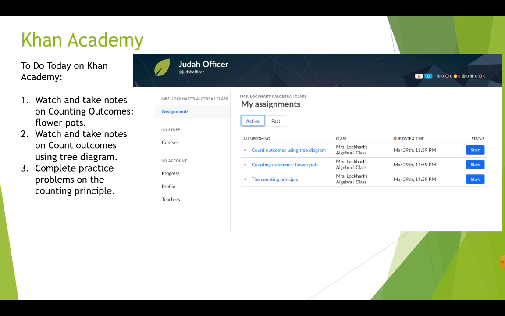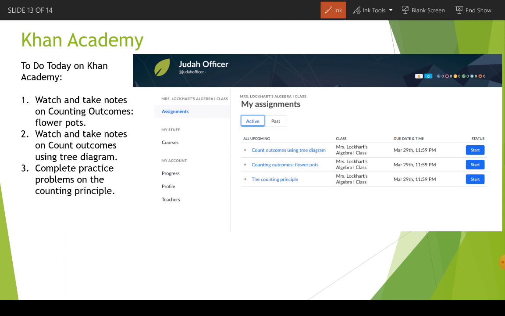So I want you to first watch and take notes on the counting principle flower pots. You're going to find that on your screen, and it should be the second one. So you're going to watch that, take notes. Next thing I want you to do is watch and take notes on count outcomes using tree diagram.